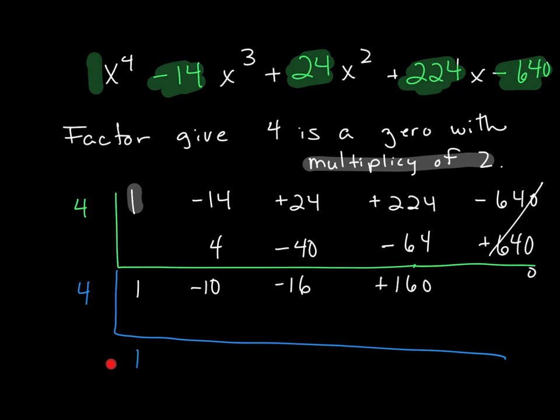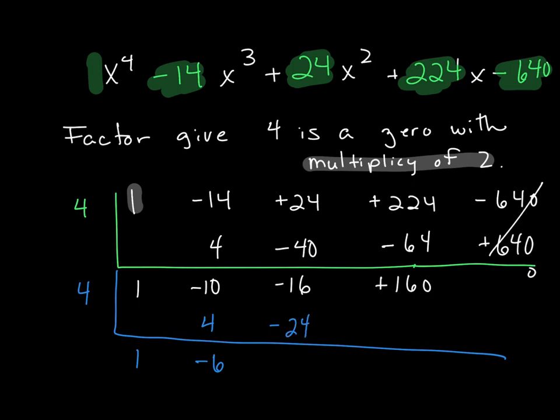Then I have 4 times 1, which is 4. A negative 10 plus 4 is a negative 6. Now I take 4 times negative 6, and that gives me a negative 24.